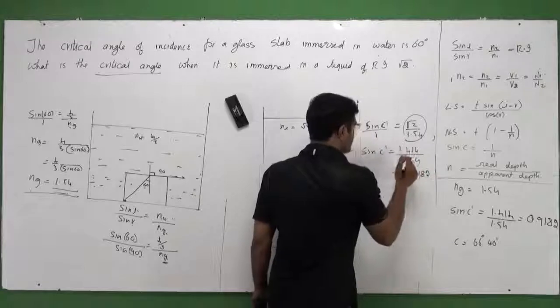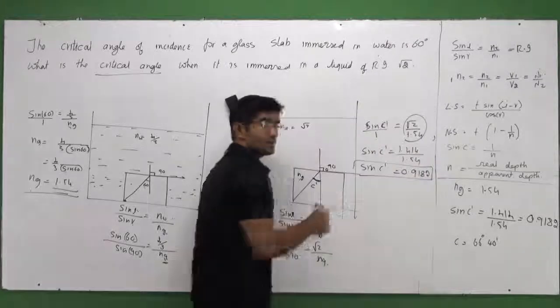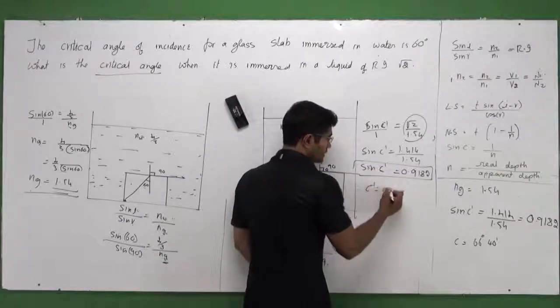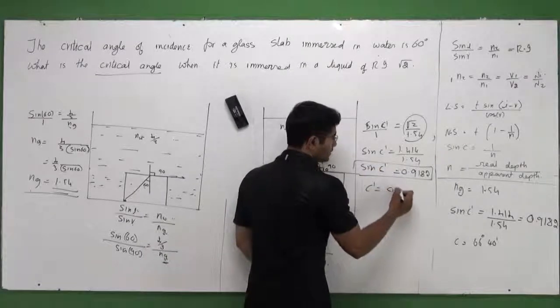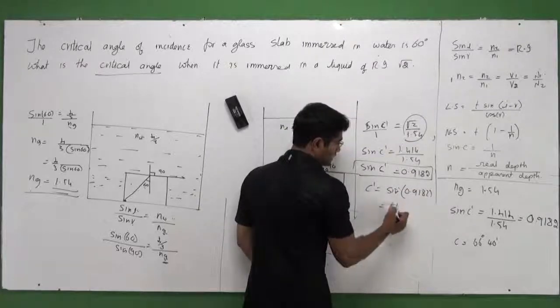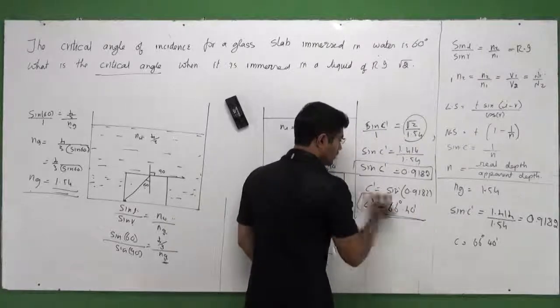You have to do this with your own calculators, and logbooks are very important. Now how do you find C dash? Put sine on the other side. C dash is sine inverse of 0.9182, which comes up to 66 degrees and 40 minutes, if you know how to look into the logbook.